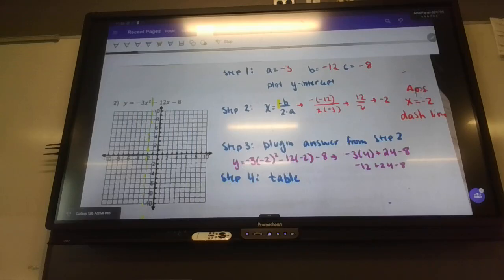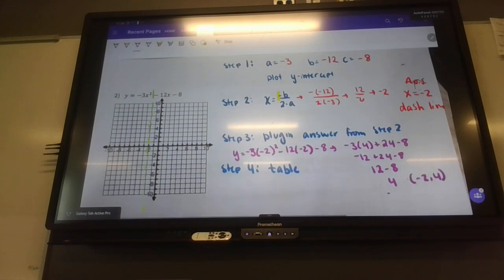As long as you recognize it's a stretch of 3. How do you start the table? I put in the middle, and then up to -1.